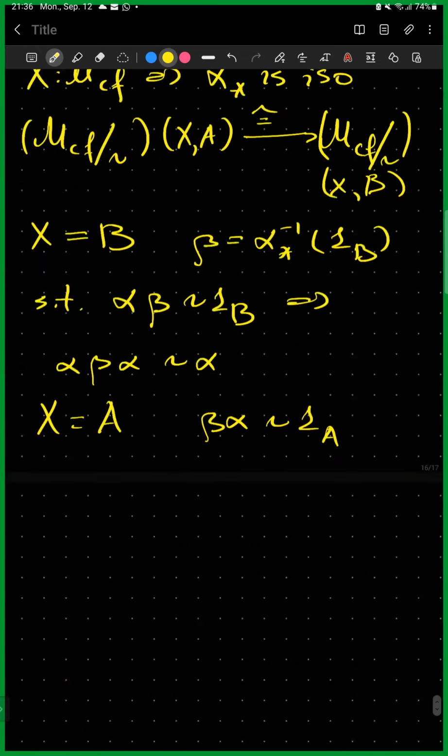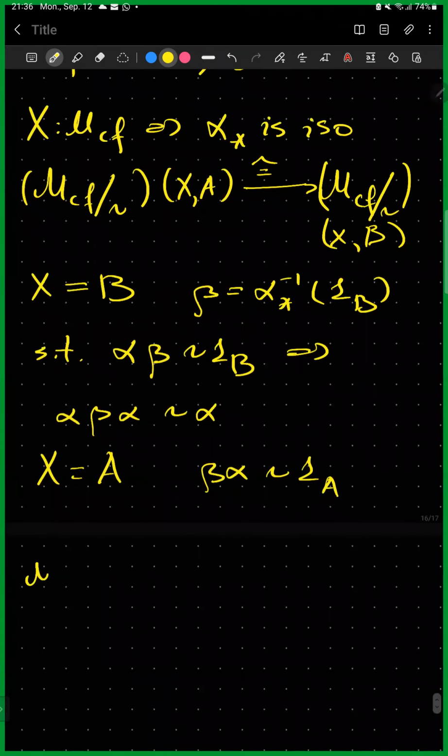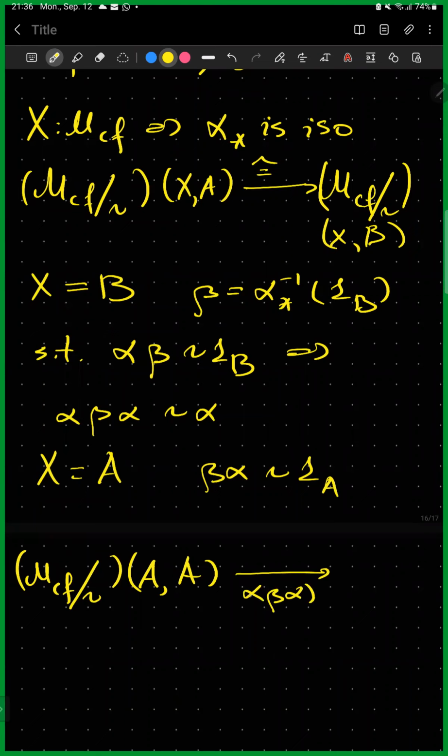Well, simply because alpha beta alpha star is equal to alpha star.